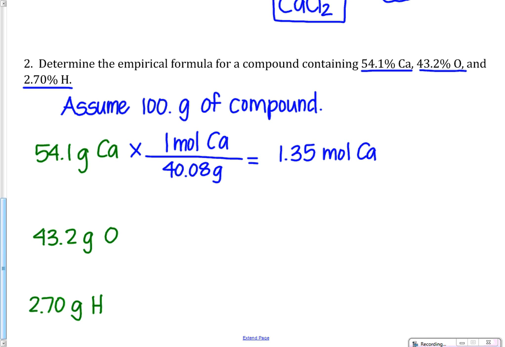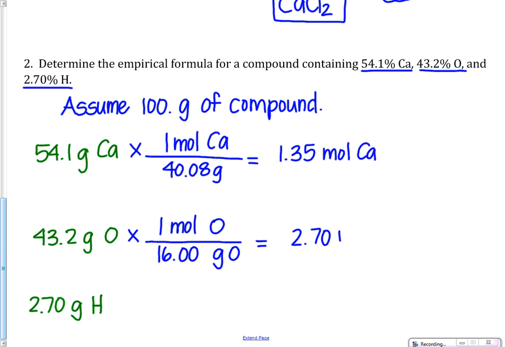When you do this for hydrogen, or excuse me, for oxygen, we know that 1 mole of oxygen, according to our periodic table, is 16.00 grams. And so when we do the math of taking 43.2 divided by 16, we should get 2.70 moles of oxygen.